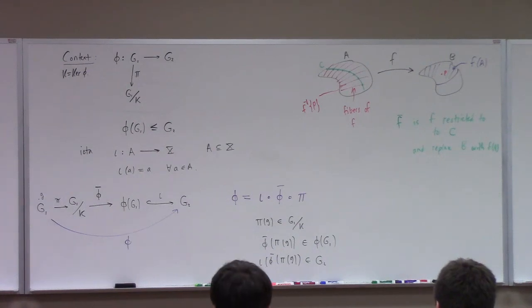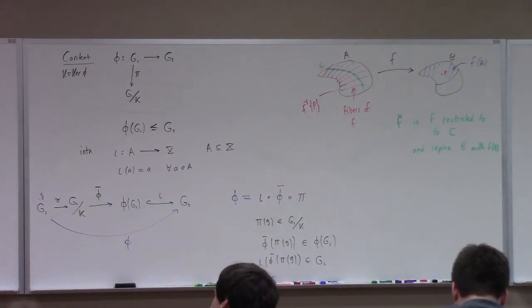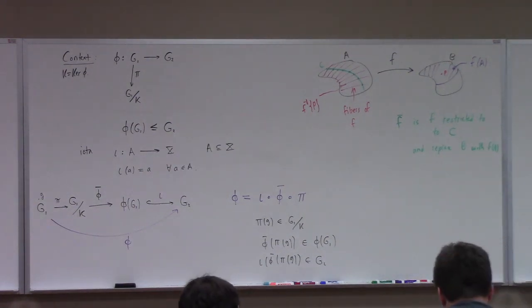So some examples. Start out with something relatively easy. If I look at the determinant, that's a mapping from GLn(R) to the non-zero reals.